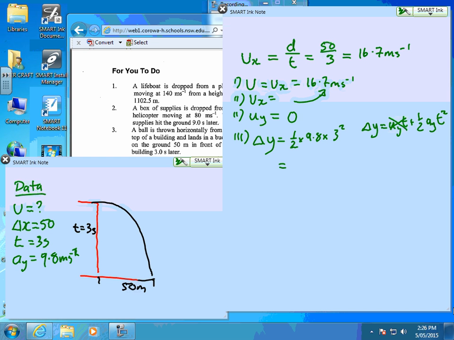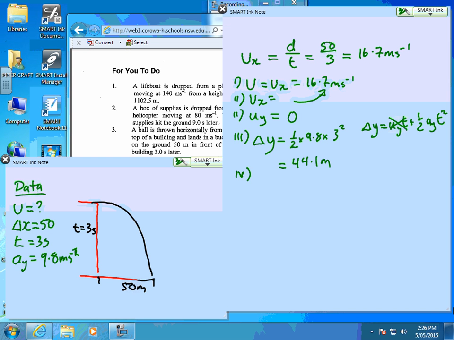9 times 9.8. It's going to be like 37, I guess. I should have my own calculator out and do it. 44.1. So that building is a 44 metre tall building. It's not a bad sized building, is it?